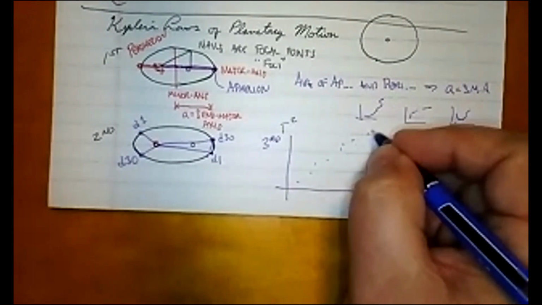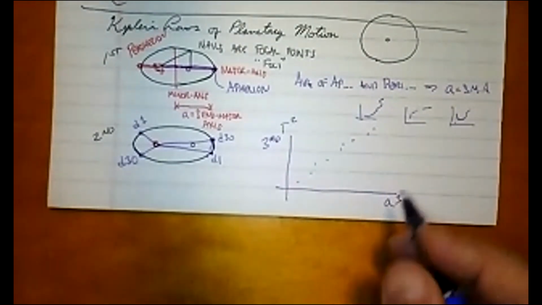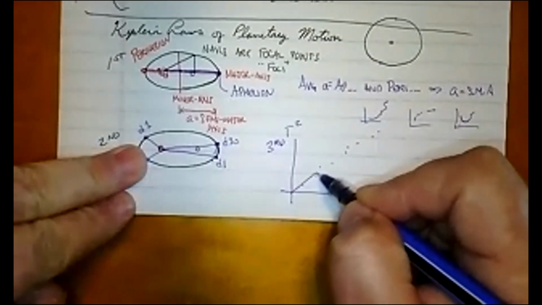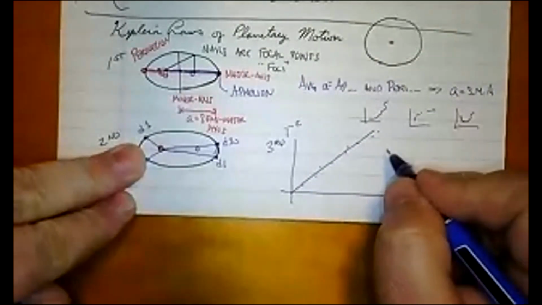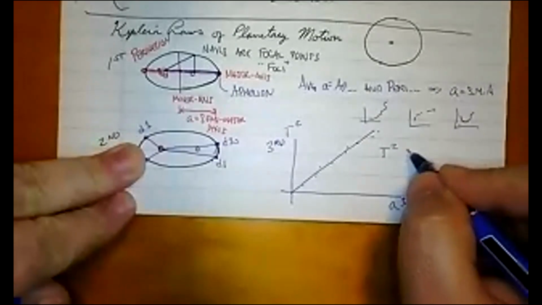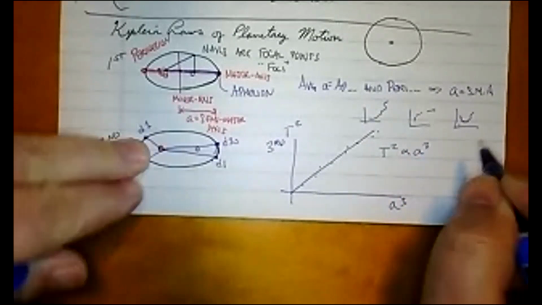Then he got them all lying along a straight line. And he concluded from that the square of the period is proportional to the cube of the semi-major axis.